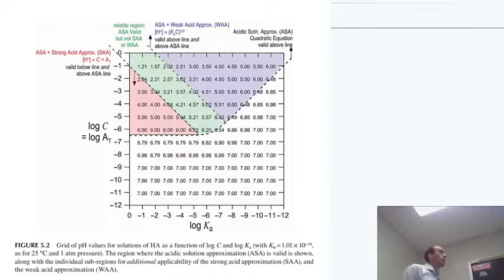All right, so these approximations, if we graph them on this strange little graph here, we can see at what ranges of acid concentration they are valid, given some dissociation constant.